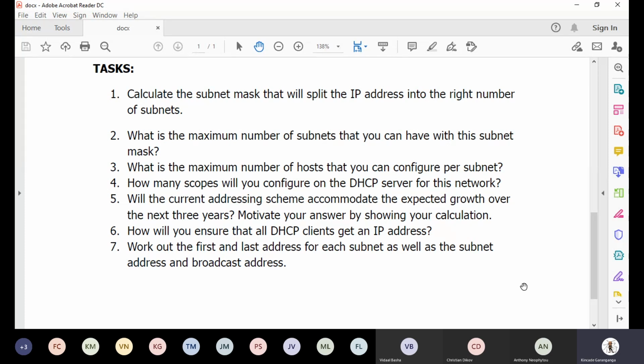So if you remember what we mentioned right at the beginning in terms of the scenario, we said that the subnet associated with your servers is going to be automatically excluded from your DHCP scopes. Why? Because those servers are going to have their addresses statically or manually assigned.